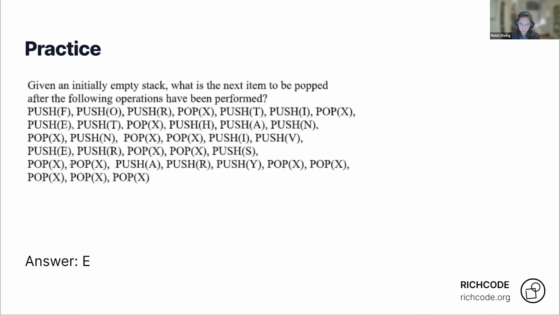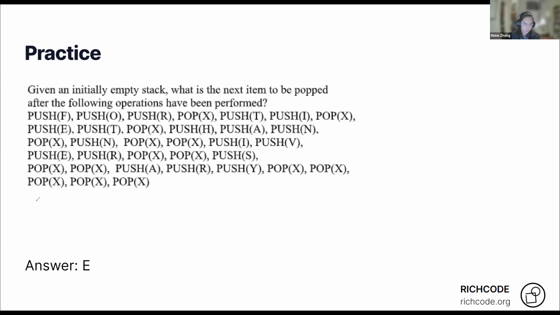So drawing it out first, we have F-O-R, and then we pop, push T, I, and pop, E, T, pop, H, A, N, pop, N, and we pop twice.